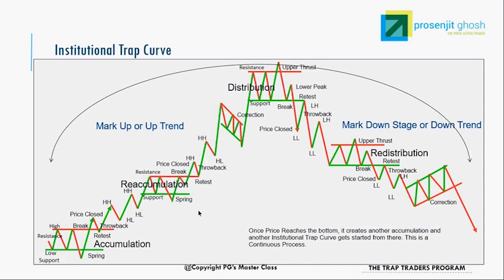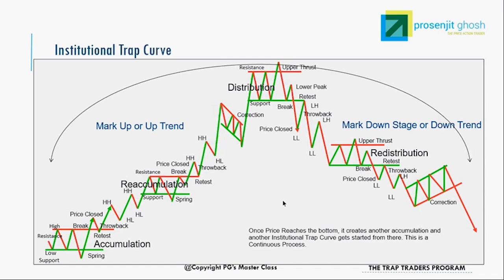But this is a process which always happens in the chart. And to know this is happening, you have to completely zoom out your charts. Then only you will be able to see this behavior. If you have the habit of zooming in, then you will never be able to find the Wyckoff, I mean, institutional trap curve there.